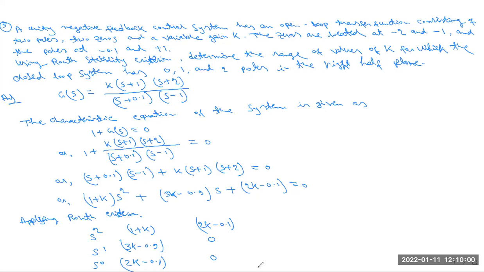Now we have to go to the next topic, that is the Nyquist criteria. This module is the stability analysis of the control system. First we apply the Routh criteria, then the Routh-Hurwitz criteria, then we discuss the Nyquist criteria.